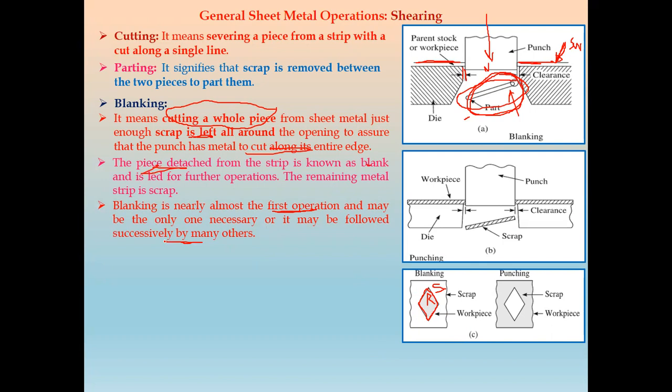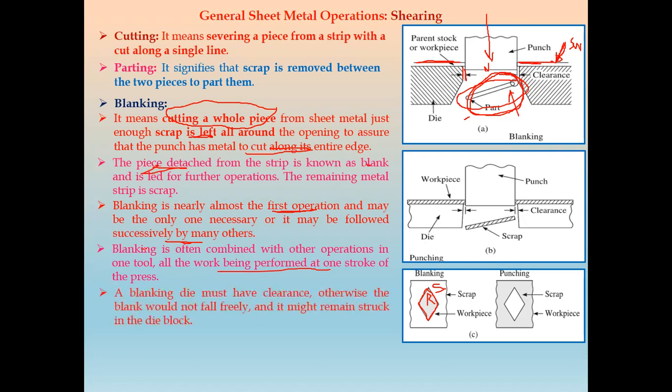Okay, so that is the blanking operation. Blanking is often combined with other operations in one tool, all the work being performed in one stroke of the press. So this is about blanking.